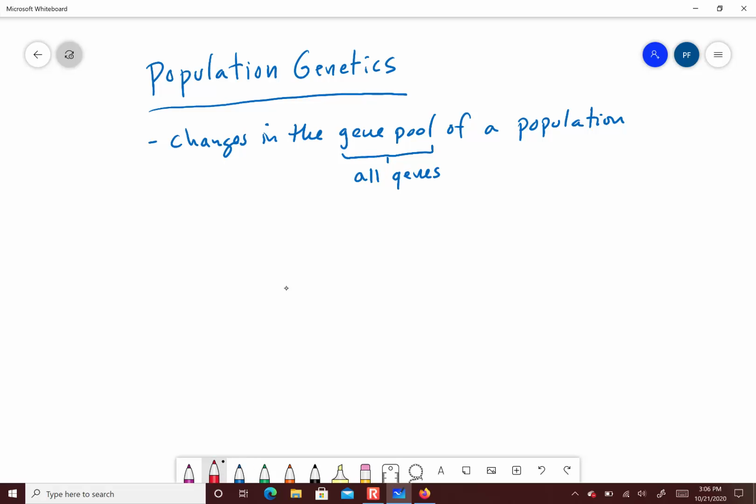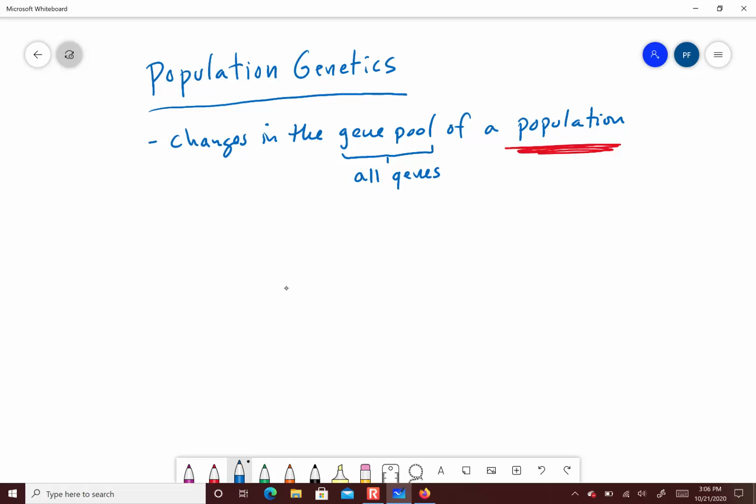Important to point out again, remember in the very first video I mentioned that the unit of evolution is the population. So even when we dive down a little deeper, we're still looking at the population level. Your genes in your lifetime aren't going to change.